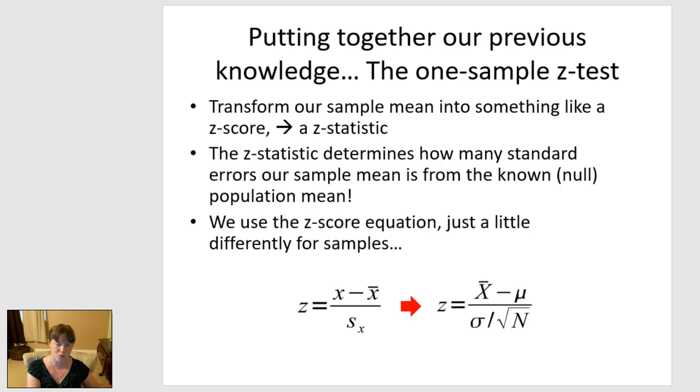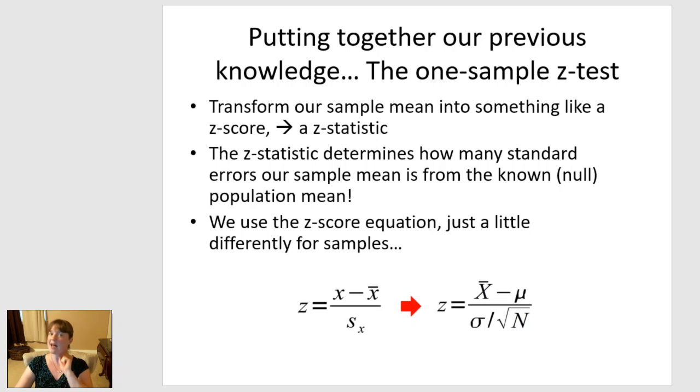Just like z-scores were standardized, z-statistics are standardized. We're transforming this x-bar into something standardized called the z-statistic, which becomes our very first inferential test statistic, our very first number that allows us to efficiently and easily figure out whether or not we should reject or fail to reject the null hypothesis.